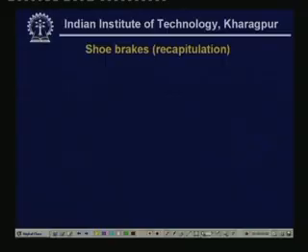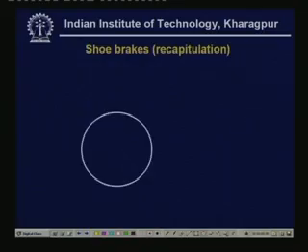But before that, let us go to the shoe type brake again and discuss something very quickly, the internal or external shoeing arrangement. So a basic kind of shoe type brake can be taken as, say, this is the drum, and we have the brake shoes here.